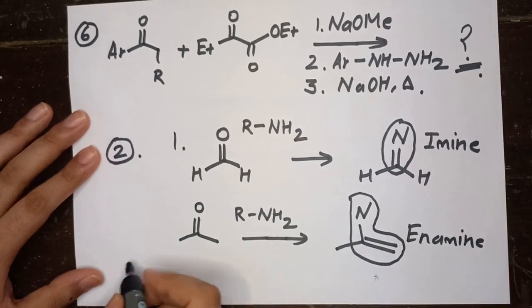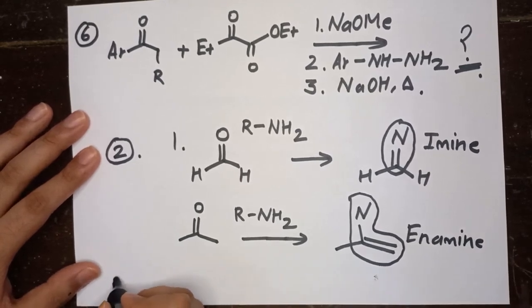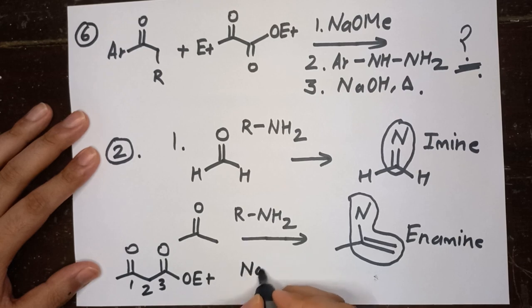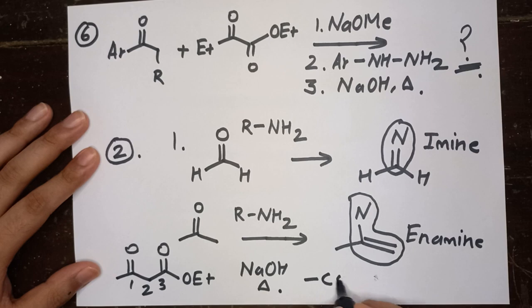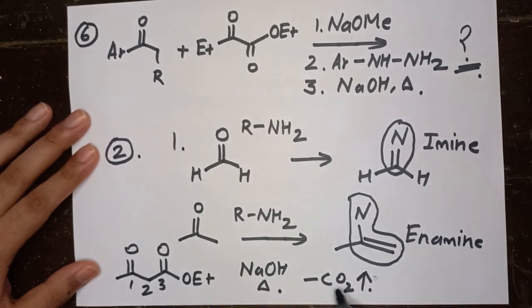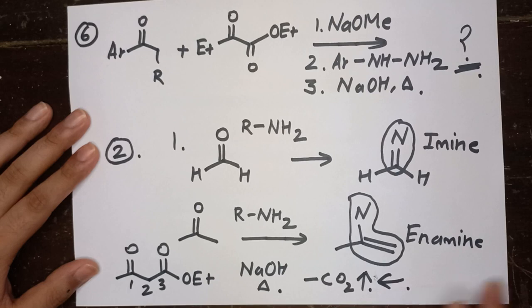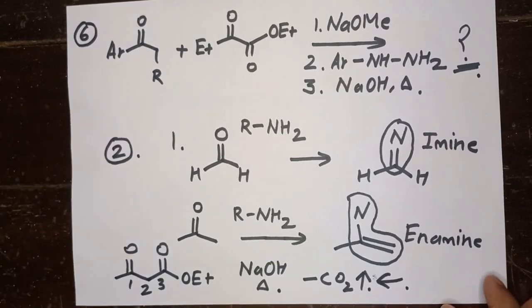And also you need to know when you have this 1,3-dicarbonyl type of system, in presence of sodium hydroxide and heat, you do decarboxylation. You release a carbon from the system in the form of CO2 gas. So all this information will be needed for this 6th reaction.